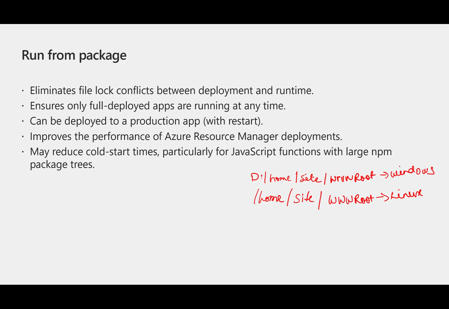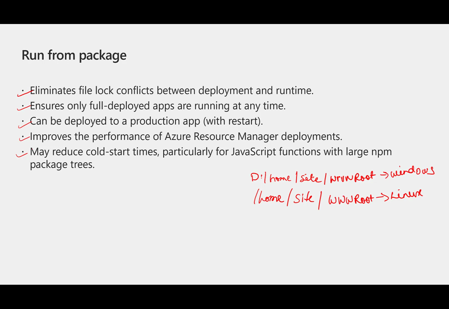It eliminates file lock conflicts between your deployment and runtime. It also ensures that only fully deployed apps are running at any time, and it can be deployed to a production app with a restart. It also helps improve the performance of your Azure Resource Manager deployments, and it may reduce the cold start times, particularly for JavaScript functions with large npm package trees.